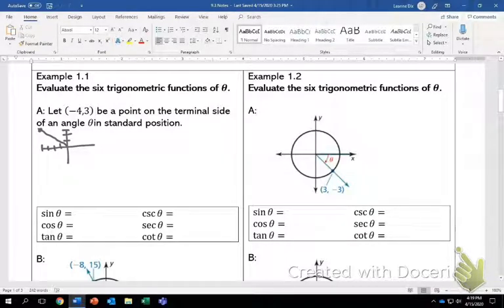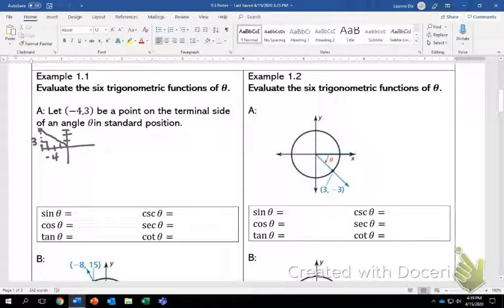And from here I can create a right triangle. I just have to bring a dotted line down, put my little square that signifies a right triangle, and then since I know that I am on a coordinate plane and I have the measurements -4 and 3, I can actually include that on my triangle.